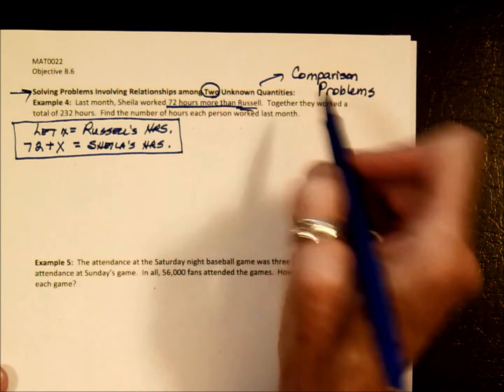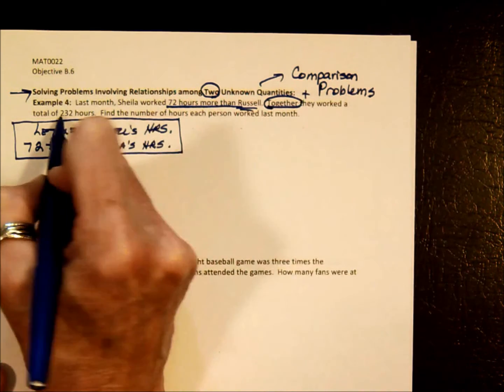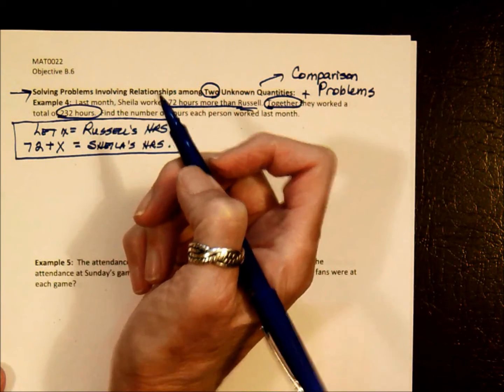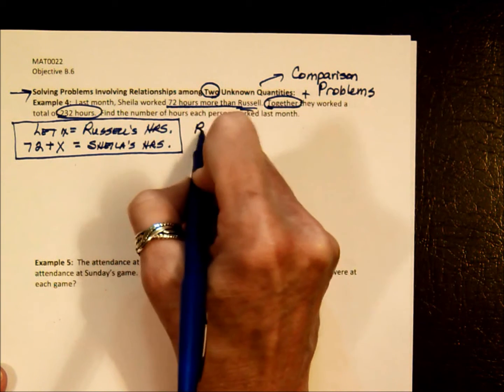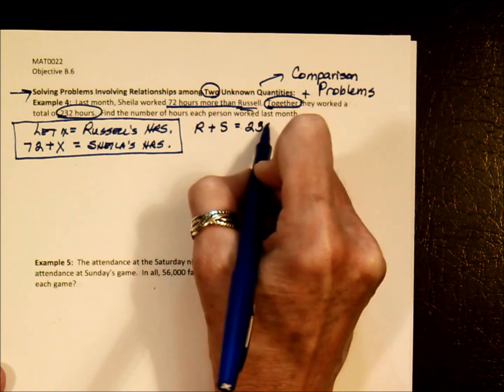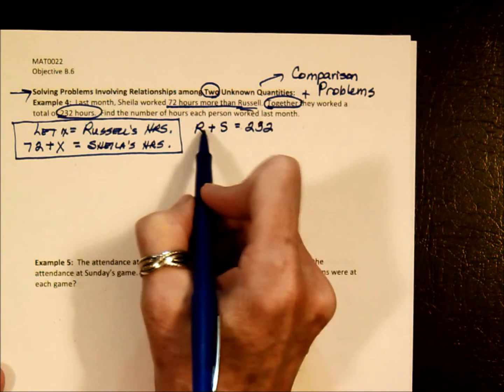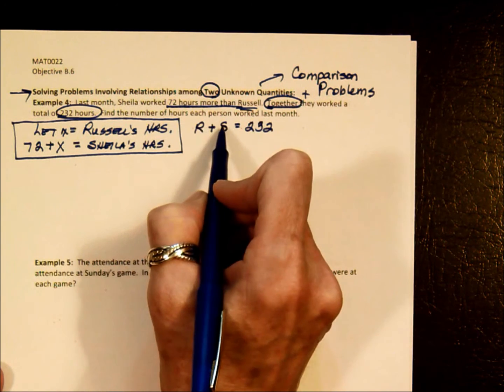Next, the problem is going to give me one more piece of information that will help me to make my equation. And what it says is together, meaning add, they worked 232. So I'm going to write what I call an organizing statement, and that is this: Russell plus Sheila equals 232. Isn't that true? And now I'm going to substitute what my let statements told me represent Russell and Sheila.